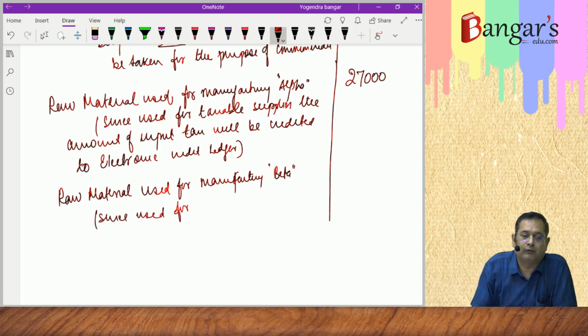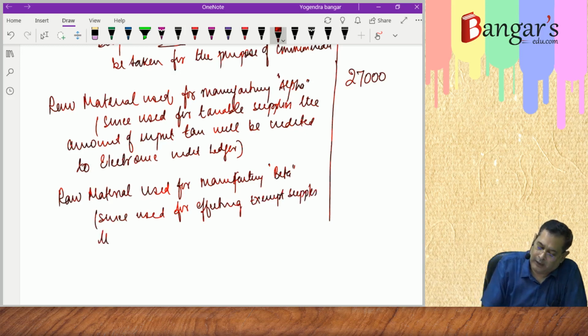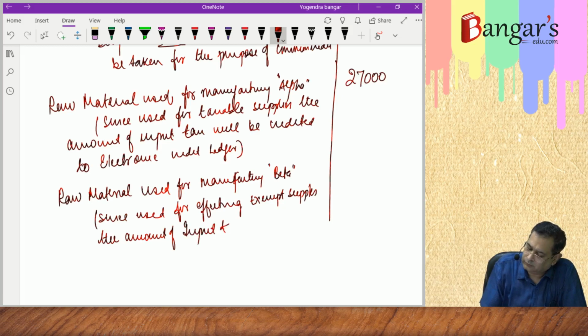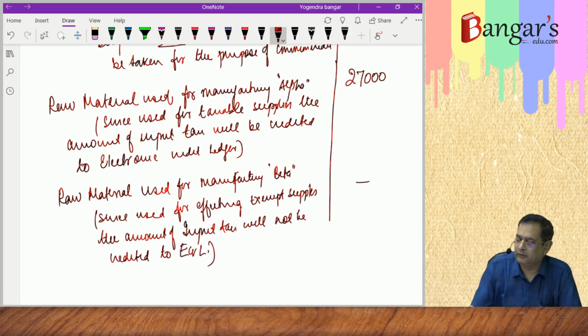Effecting exempt supplies. It is used only for effecting exempt supplies. The amount of input tax will not be credited to electronic credit ledger.